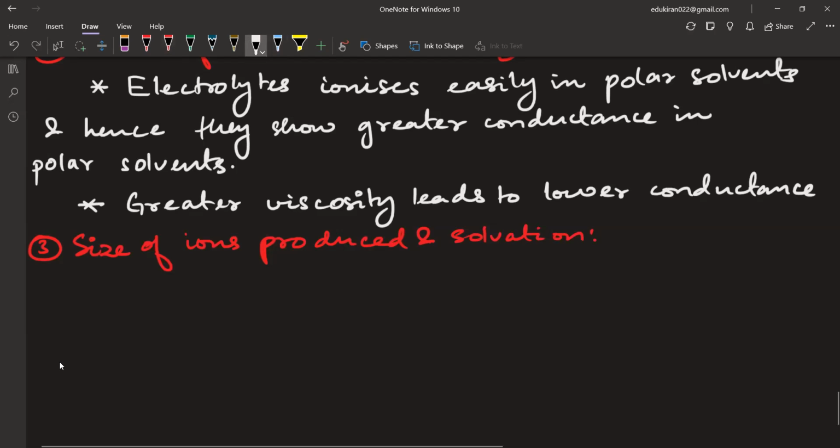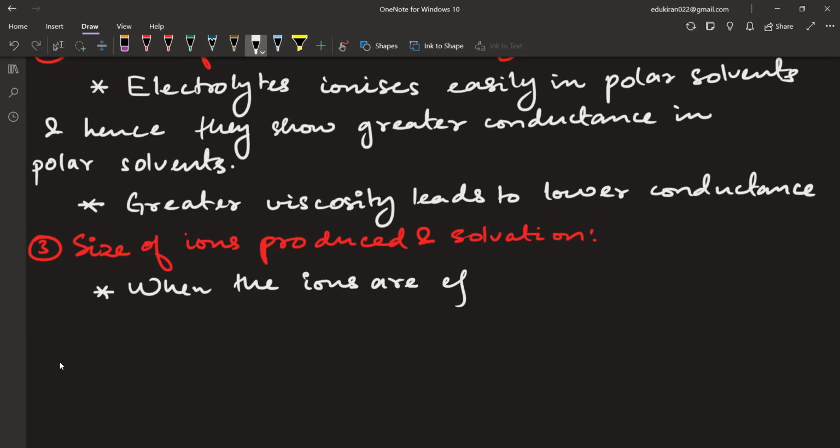In this you will write: when the ions are effectively solvated, what will happen?